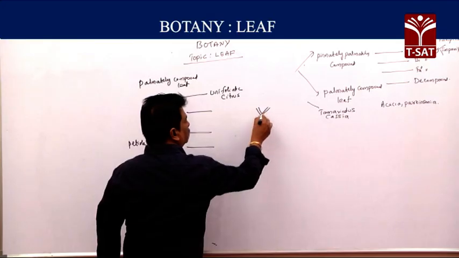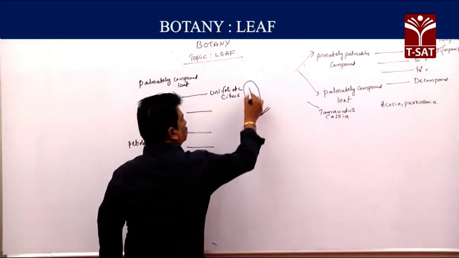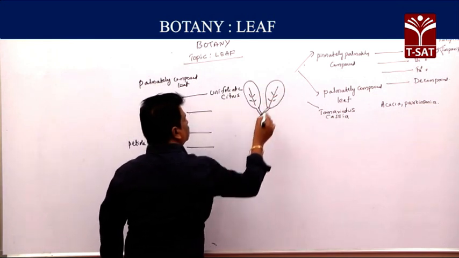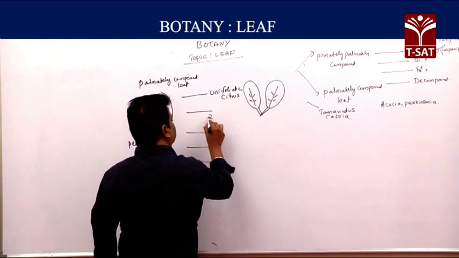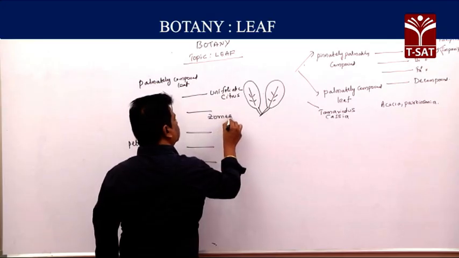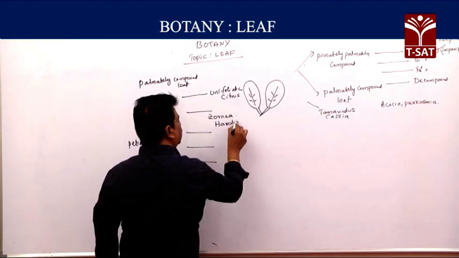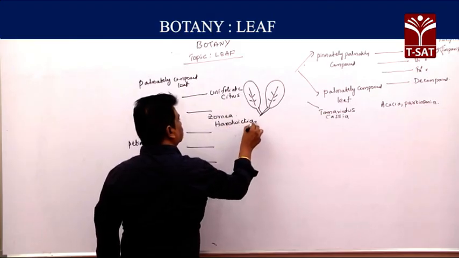Second one, bifoliate compound. 2 leaflets present at the tip of the petiole, called bifoliate. Example for bifoliate, Zornia and Hardwickia.